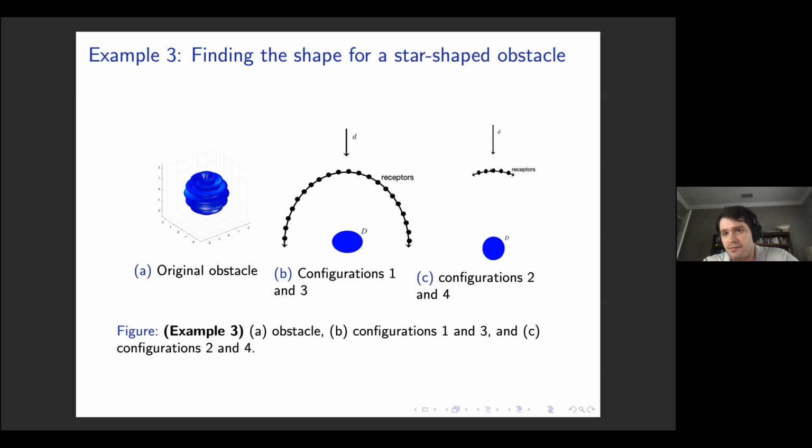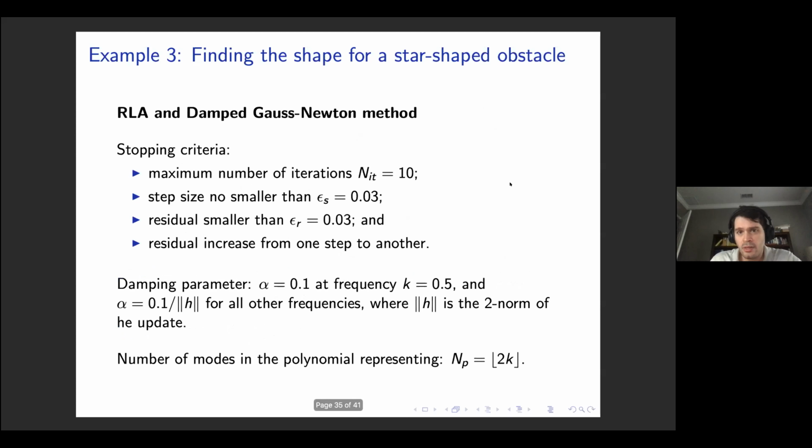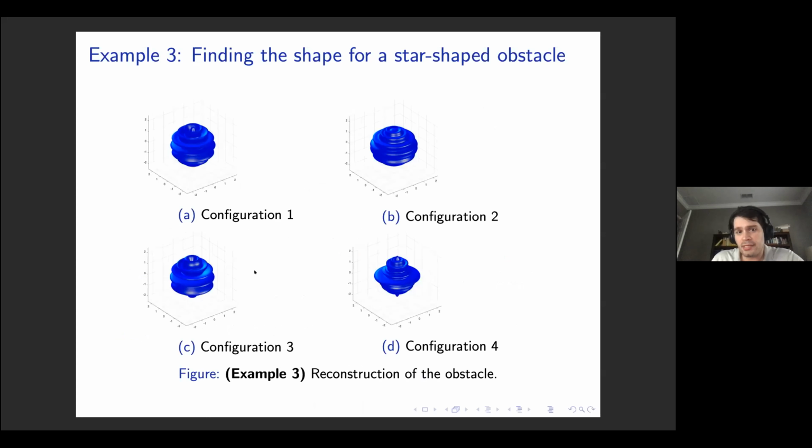In the other, we have full aperture. Here we have limited aperture. Bottom line is that if we have full aperture, we are able to recover the object. If we have limited aperture, we get some sort of funky reconstruction of the obstacle. It's not very good. It doesn't have a lot of detail.